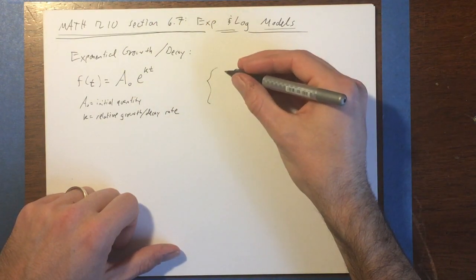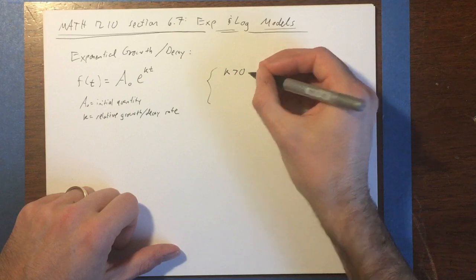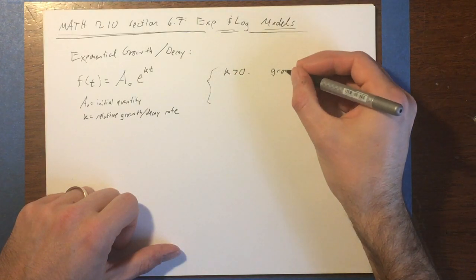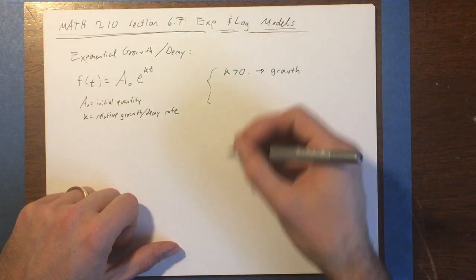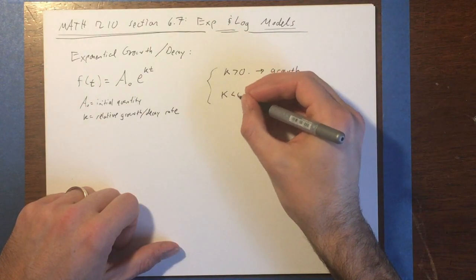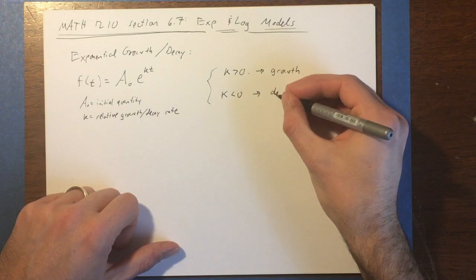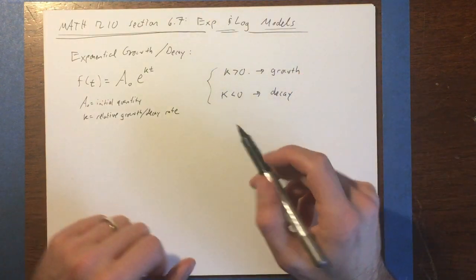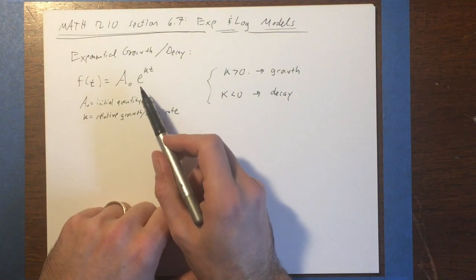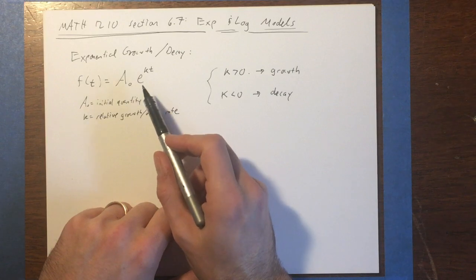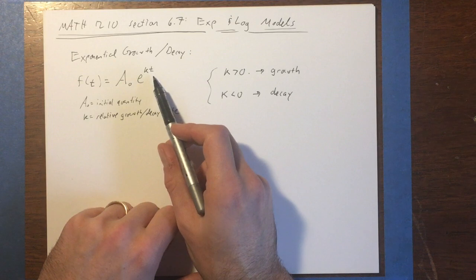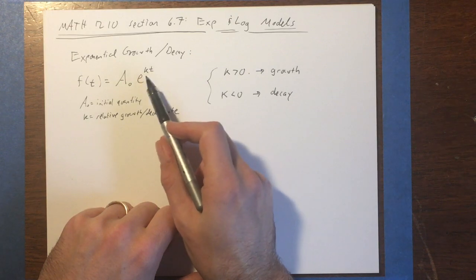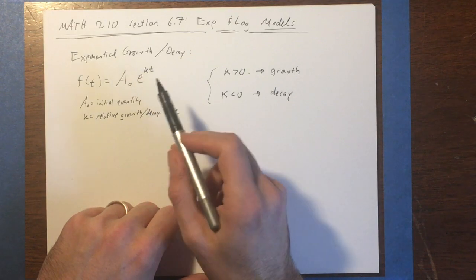If k is positive, then we have growth. If k is negative, then we have decay. We can understand that because the base is e to the k. If you take e to the k and raise it to the power t, you can simplify that by multiplying the k and the t together.